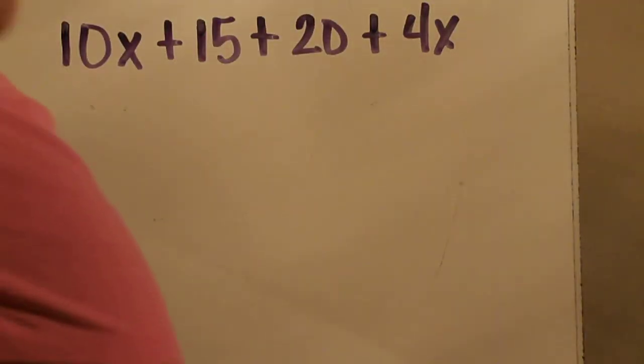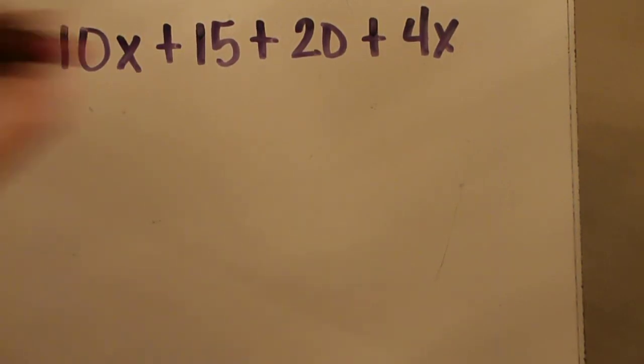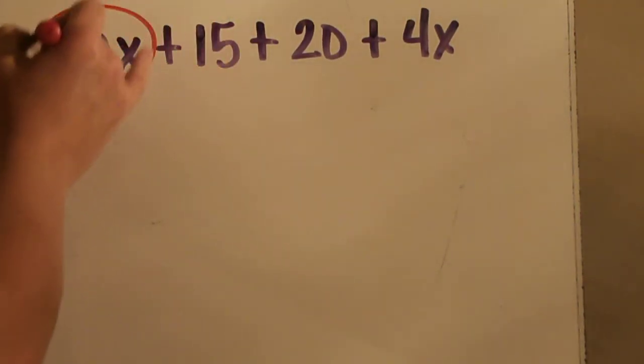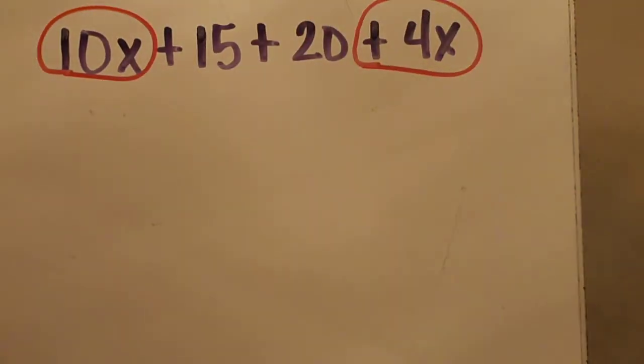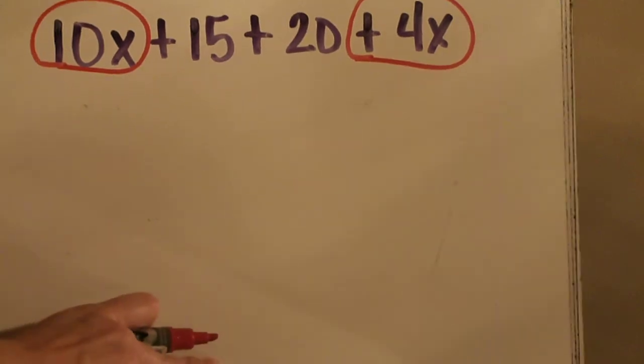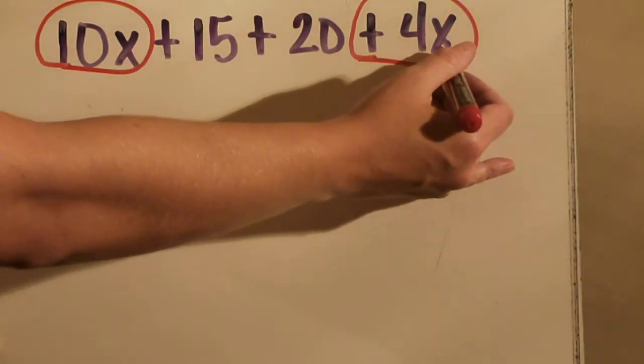So we have 10x plus 15 plus 20 plus 4x. Our like terms are the 10x and the plus 4x.